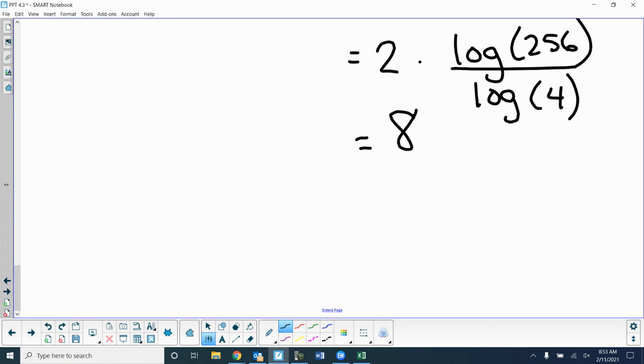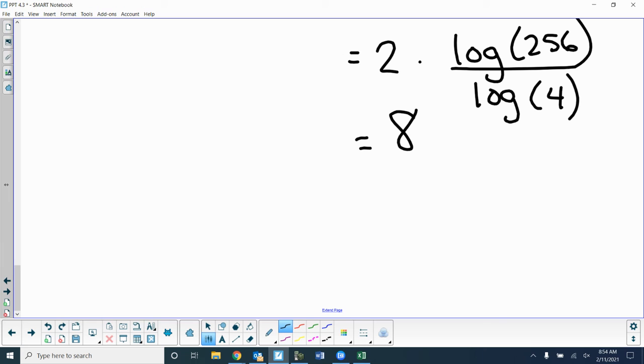Just don't forget to multiply by the 2. Get that right, Trent? You didn't finish that one. If you squared that to get the big number, that would work. But you still have to put log of that big one divided by log of 4 to finish it up. So don't forget that.